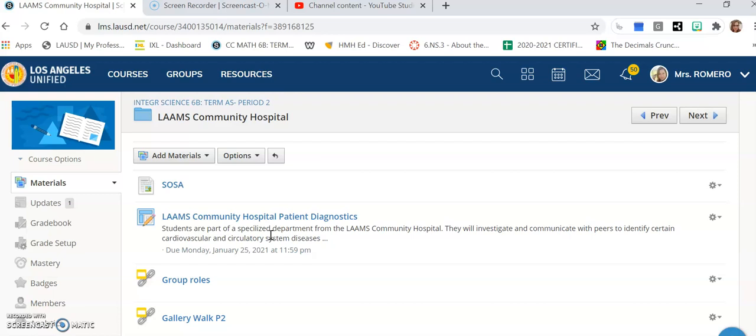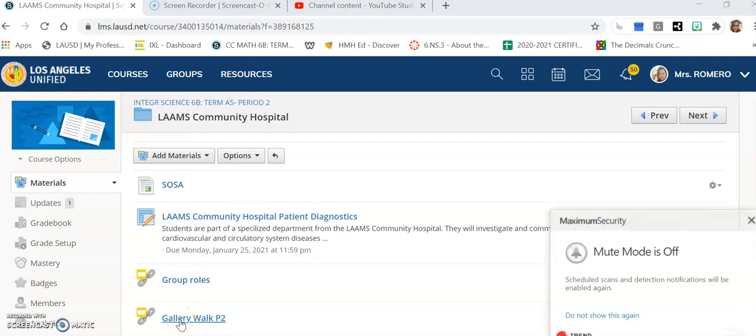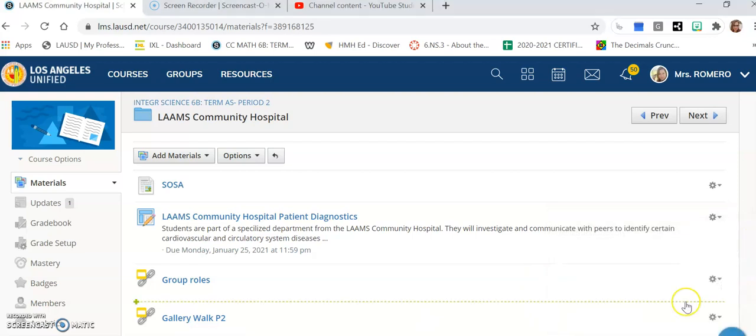I know you might say, but this isn't math class. But remember, math is everywhere. So you're going to use everything that you have learned the past weeks about the cardiovascular system and the circulatory system, and you're going to be identifying certain diseases.